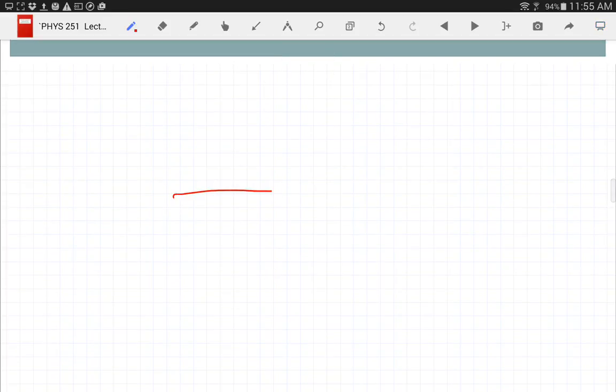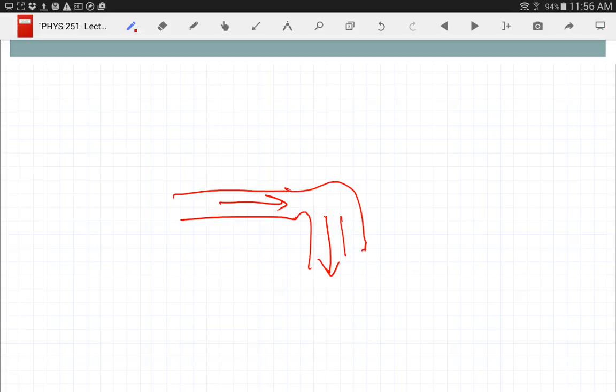Let us suppose that the water comes in going like this, and then it goes out going like that. So you have that manifold with the jets, and that manifold is simply redirecting the water so it goes from horizontal to down. Right, so the water is shown with the two arrows.